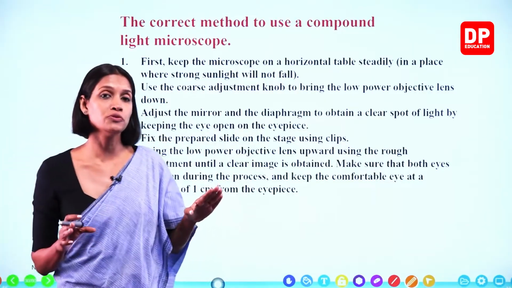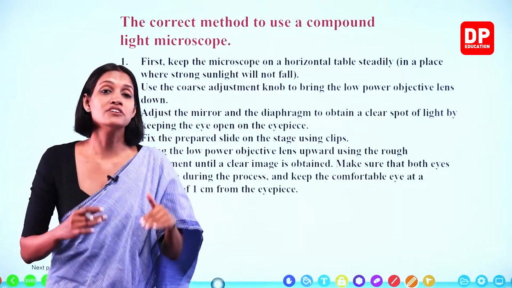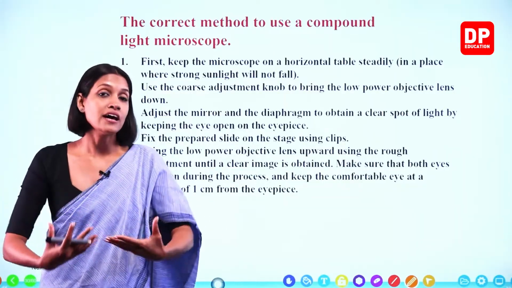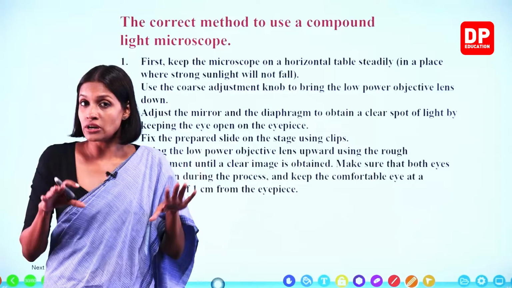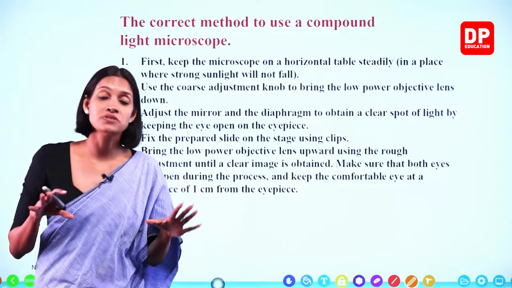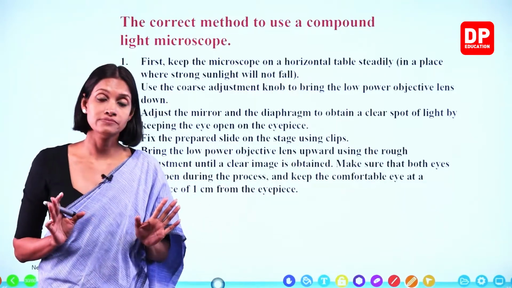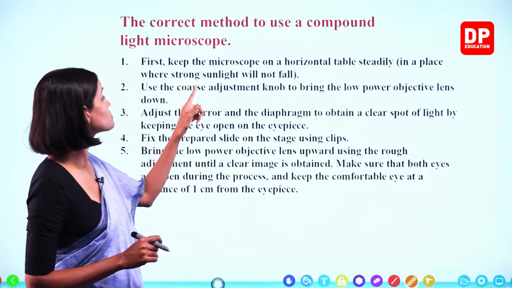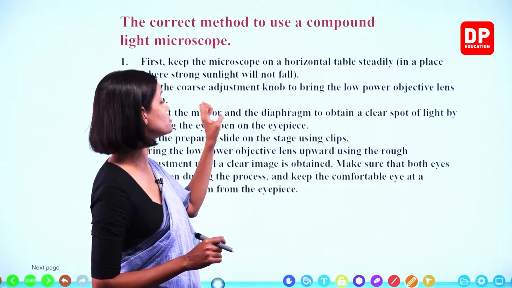Now, before we observe the specimen, we have to get enough light towards the microscope. If light is present, we can observe our specimen properly. Right, children? Therefore, first of all, use the coarse adjustment knob to bring the low power objective lens.